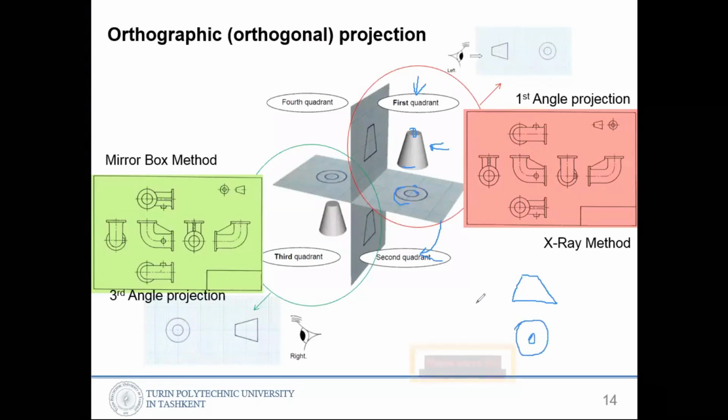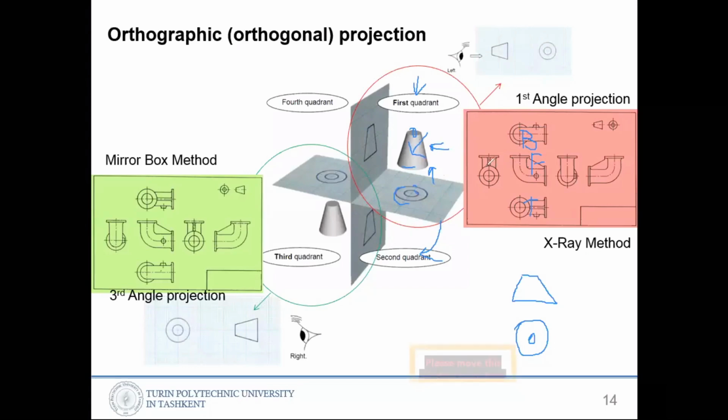By seeing these 2 shapes, we generate in our mind this kind of part. Here you can see the first angle projection and other views. This one is the front view, that is the top view, that is the bottom view, the view from the bottom of the part.